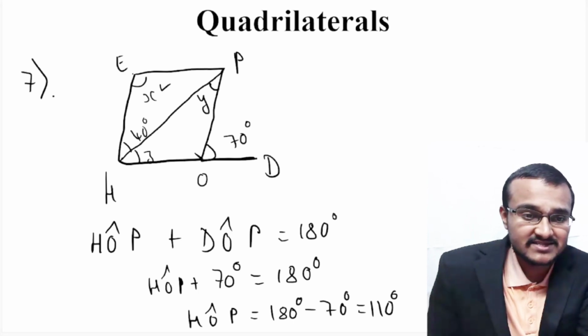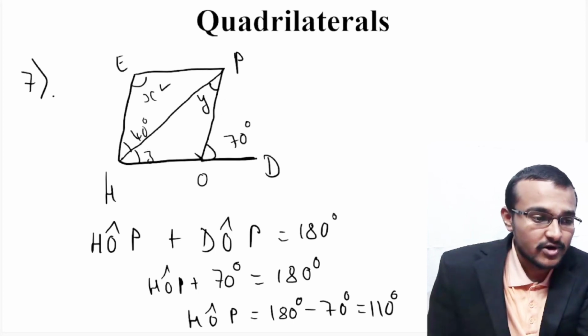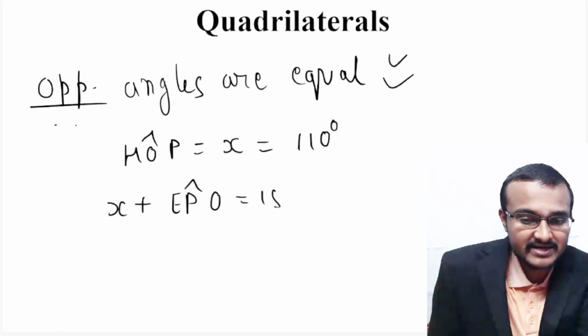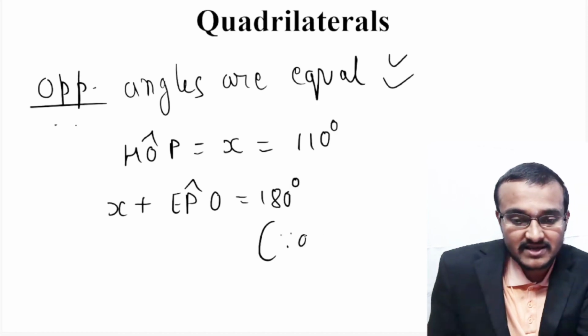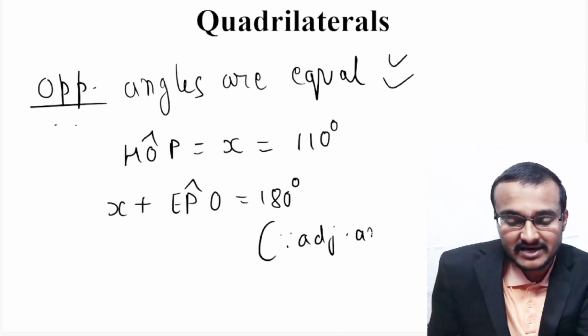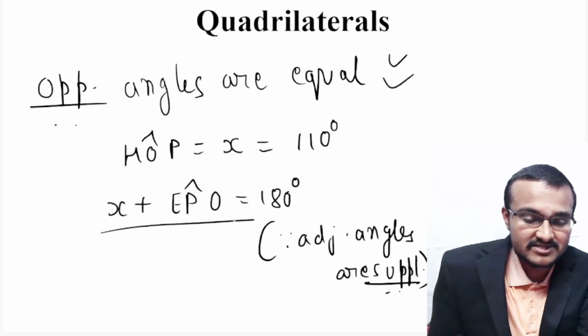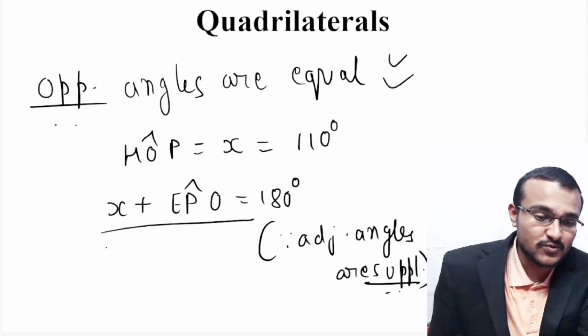Here this particular X and this particular EPO act as adjacent angles. So X plus EPO should be equal to 180 degrees. Here you can state one property: adjacent angles in a parallelogram are supplementary. So X plus EPO is equal to 180 degrees.